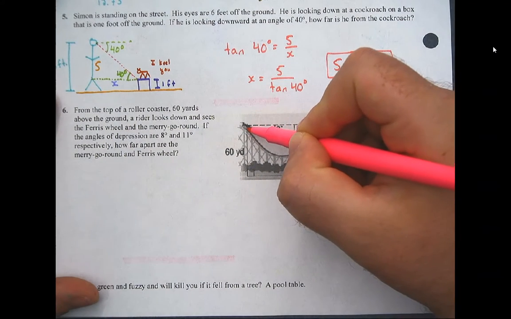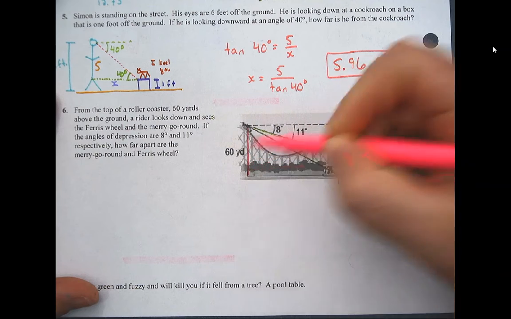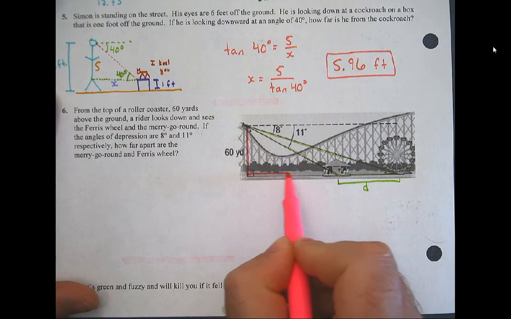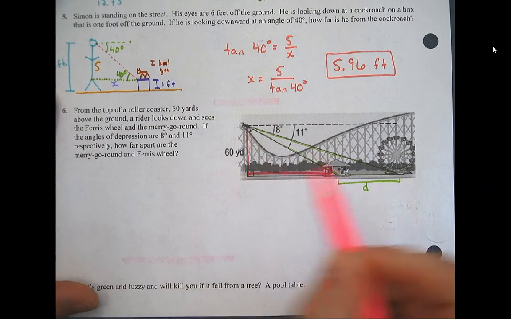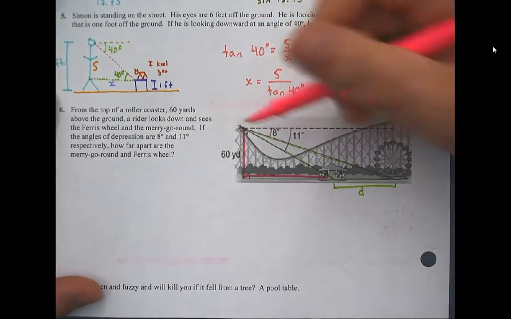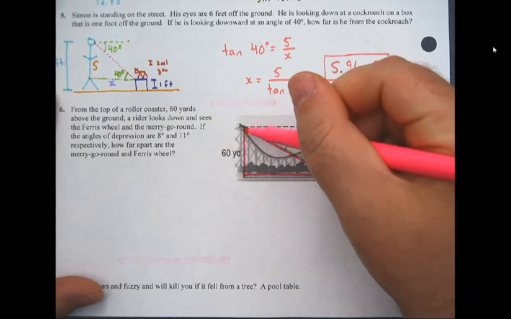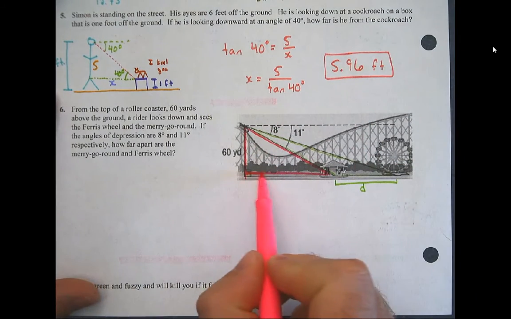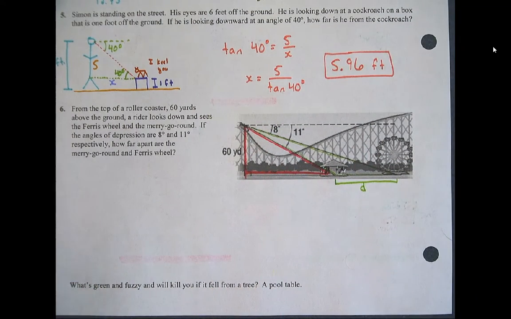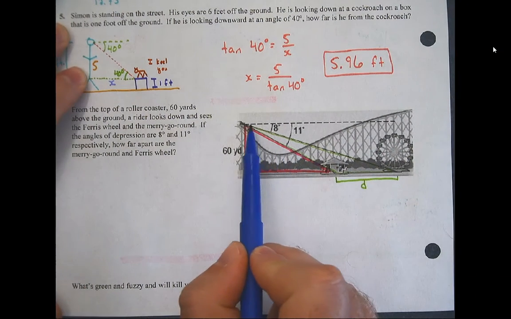Well, there's a right triangle that goes to the Ferris wheel. Oh, never mind, the merry-go-round. And there is another triangle that goes to the Ferris wheel.